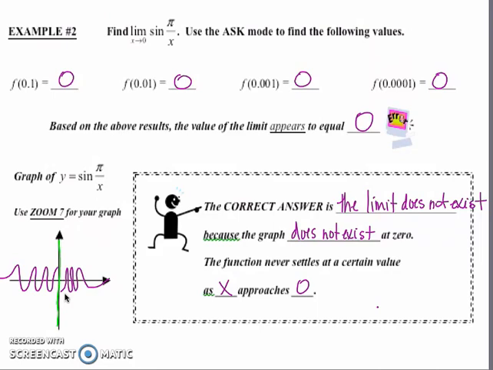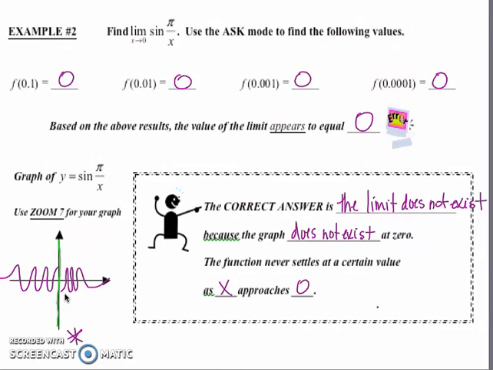If you look here at the picture that I drew, on the left-hand side of 0, the graph is above the x-axis, and on the right-hand side of 0, the graph is below the x-axis. So what we learn from this is that because the graph never settles, because it keeps oscillating and it's above the x-axis and below the x-axis as it approaches 0, the left-hand limit and the right-hand limit do not agree. So therefore, the limit does not exist.